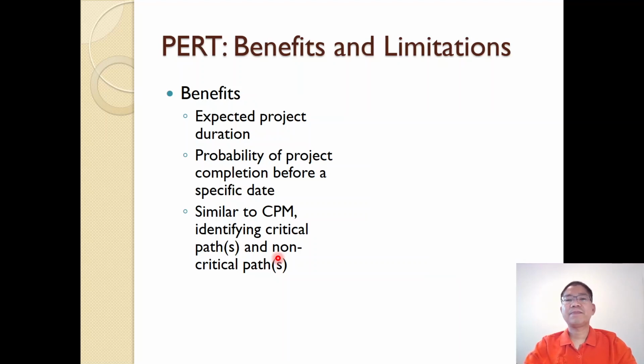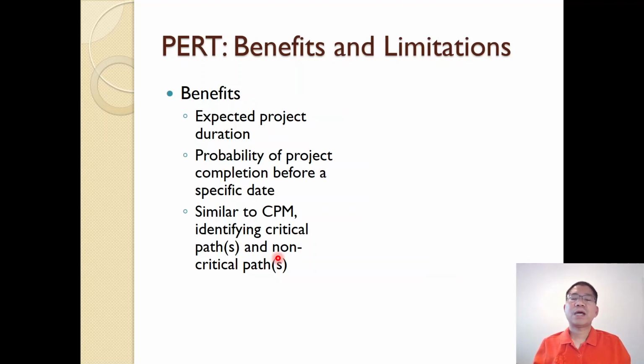The benefit: we can find the expected project duration, so that we can consider the uncertainty in the project schedule. Nothing is deterministic. The second benefit is the probability of project completion before a specific date. We can find that out, what is the probability, so that we know the level of confidence that we can achieve the project.